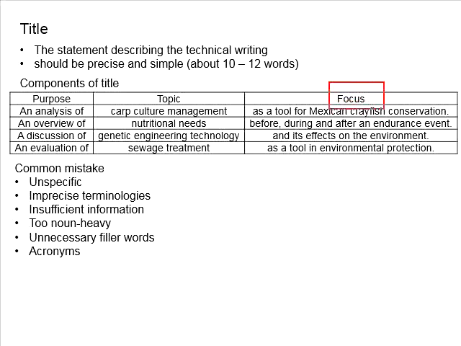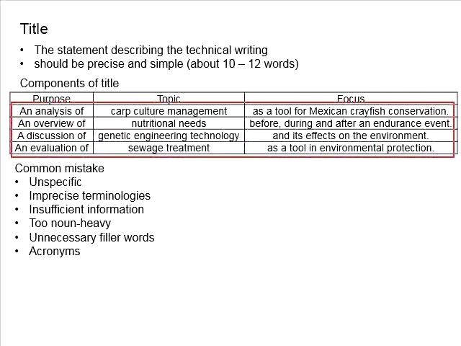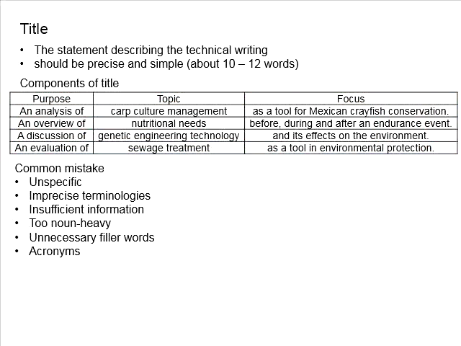The focus will be more refined within the boundary of the topic, drawing attention to a certain emphasis within the topic. You may observe the examples given here to have a better idea of the components of the title.